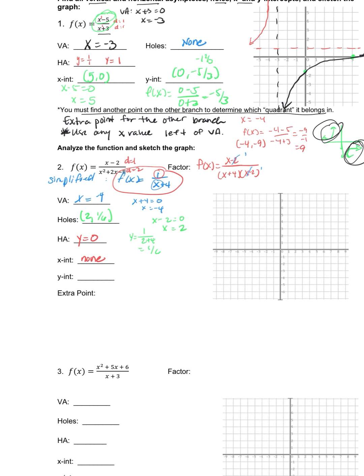Again, setting 1 equal to 0 doesn't make any sense, so you can't do that. So for the y-intercept, we're going to let x equal 0. So I get 1/4. So (0, 1/4).